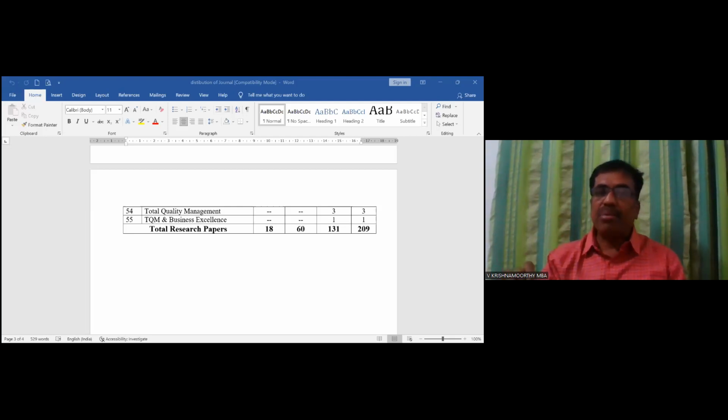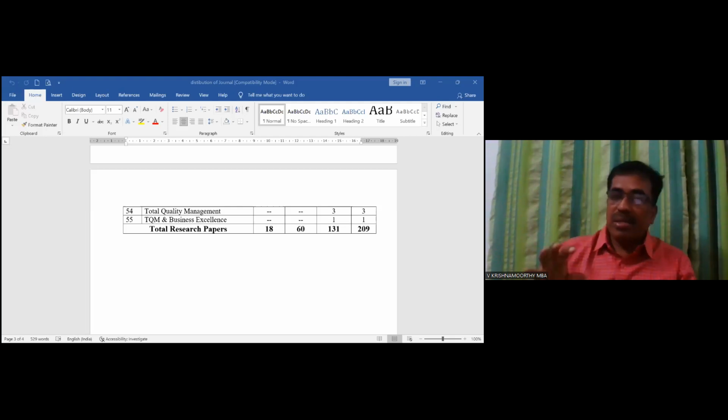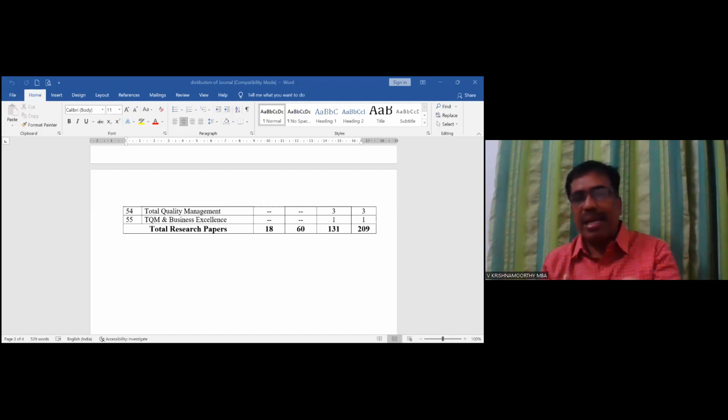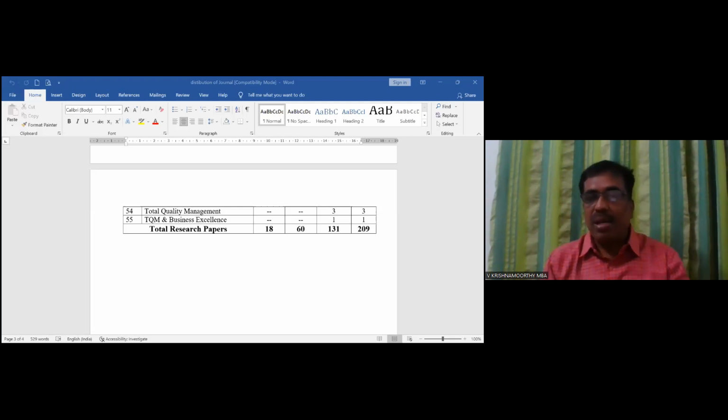X made an attempt to study the impact of human resource management practices on employee satisfaction in the textile industry. So you have written the objectives. This study is a cross-sectional study, or you can write cross-sectional or longitudinal study. This study identified 5 important dimensions of human resource management practice.